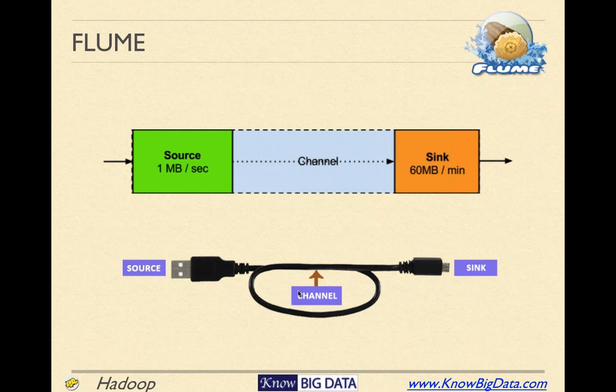Now you may ask what benefit this modular component brings, why not just have a single thing? When you are configuring a Flume process, you can assemble this kind of a wire.